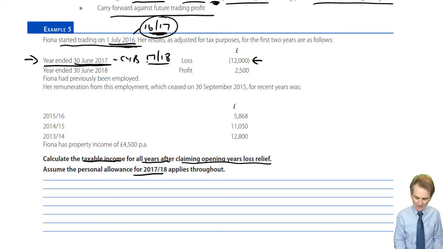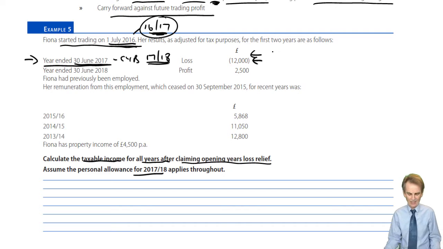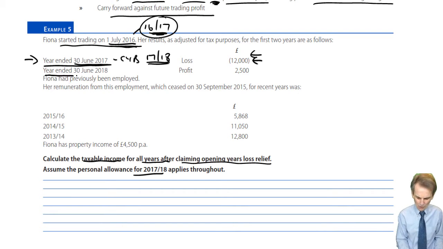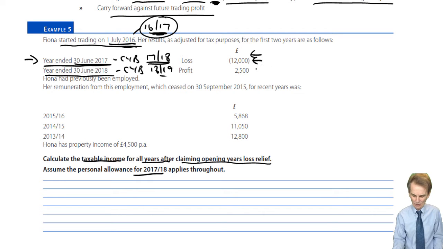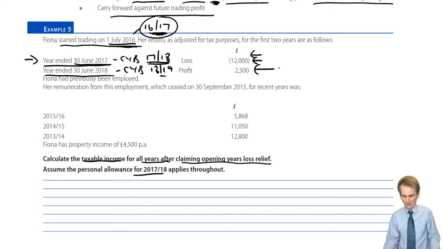Because then in 17-18 we use CYB, all of that 12,000 would come into play again, but of course we can't have the loss twice over, so we would reduce it by any loss used within the 16-17 tax year. That will then allow us to move on to the year ended 30th of June 18, where again, of course, we're on CYB, and that will give an 18-19 tax year assessment of a mere profit of £2,500.